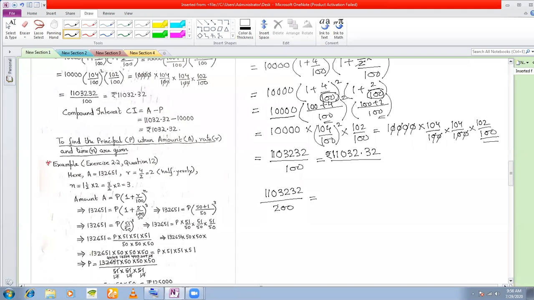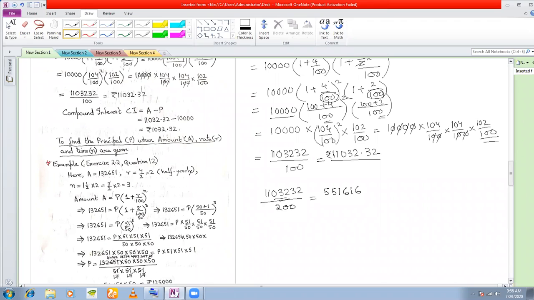Exactly, you first divide this by 2 because you can cancel this by 2, but I am not canceling here. Okay, so what I do is I first divide this by 2 to get 5, 5, 1, 6, 1, 6.